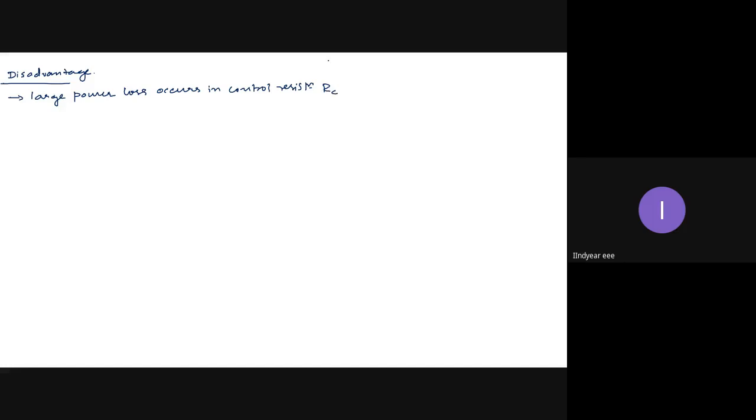As the complete armature current flows through RC, large copper losses occur. Therefore efficiency decreases, and the speed regulation is very poor. We have a poor speed regulation.